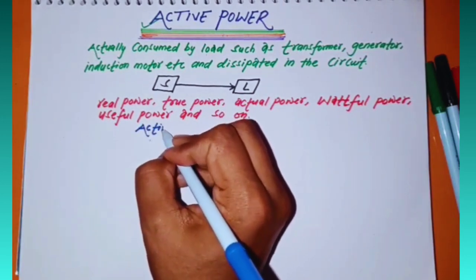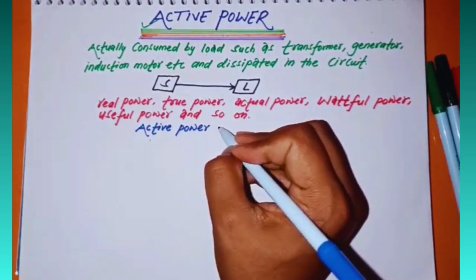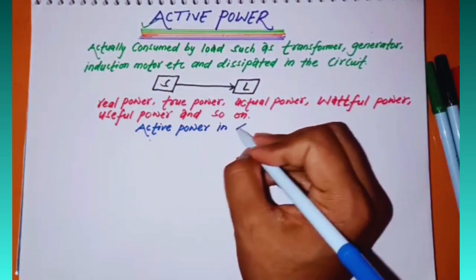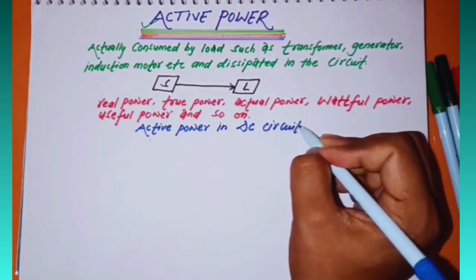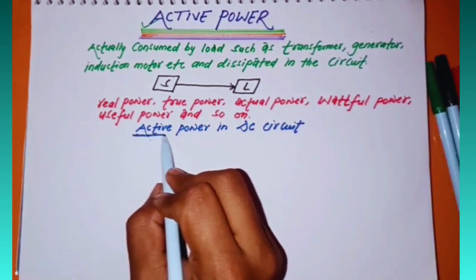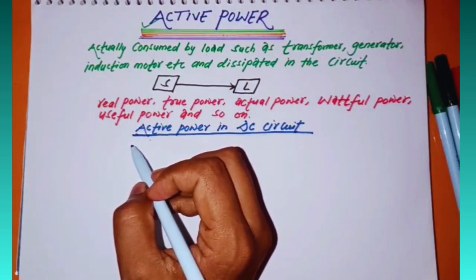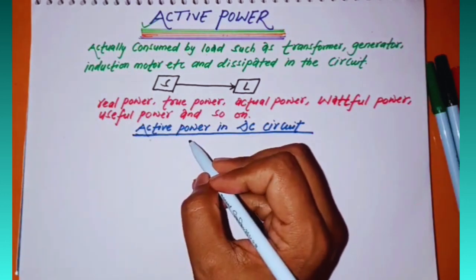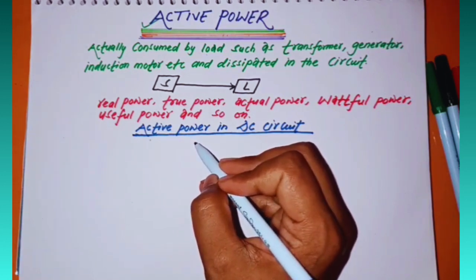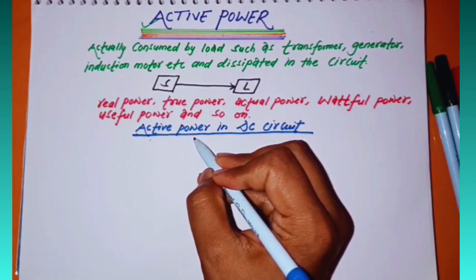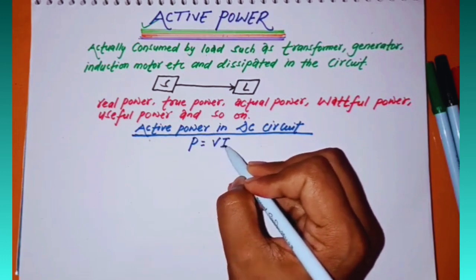Now, let us consider active power in DC circuit. In DC circuit, power supplied to the DC load is simply the product of voltage and current, that is P equals to VI.